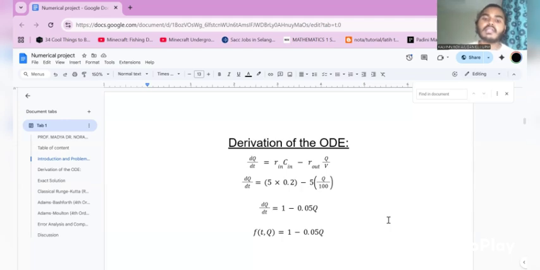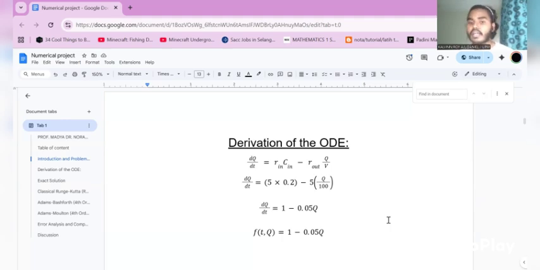The formula is the inflow rate multiplied by the inflow concentration, minus the outflow rate multiplied by Q over V, where Q is the amount of salt and V is the volume, which is fixed at 100 liters.